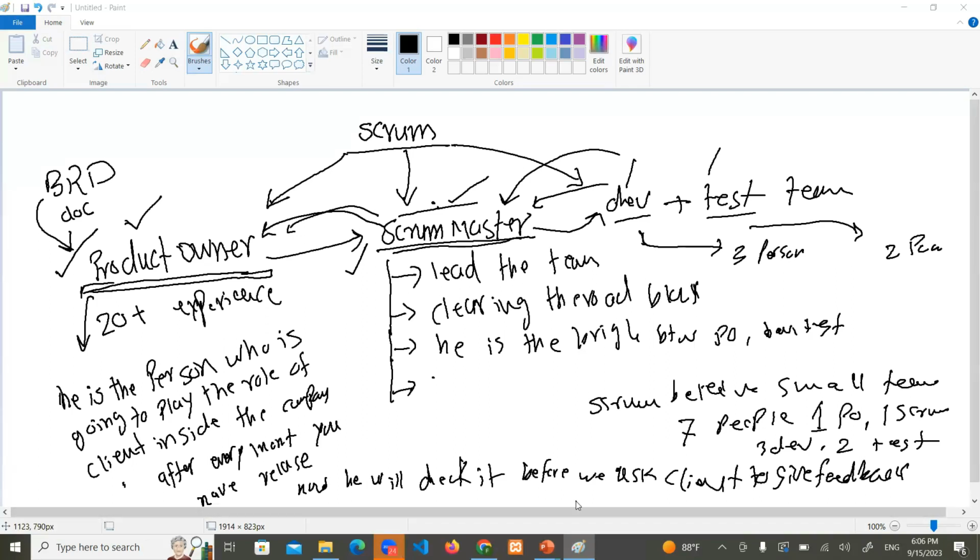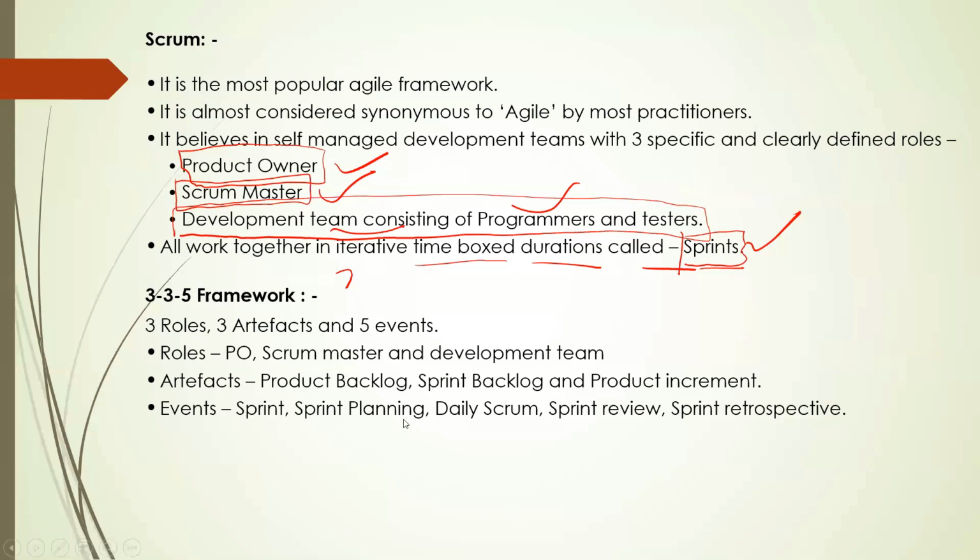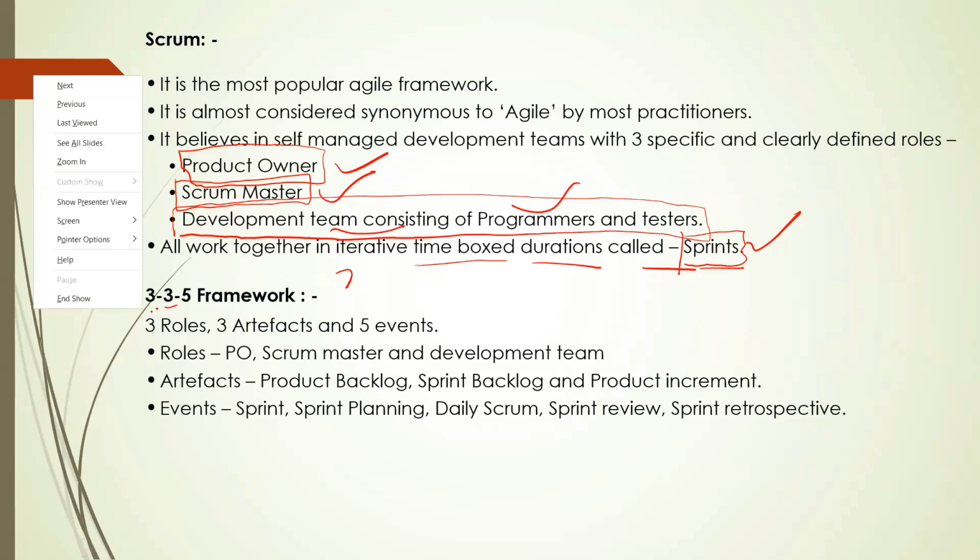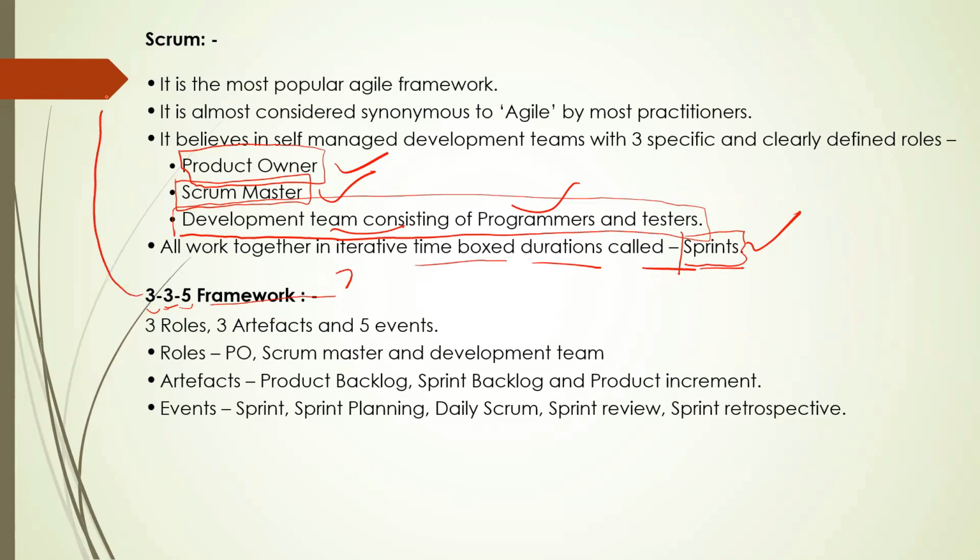Now let's jump back to our slide. Now we have another terminology, which is called the 3-3-5 framework. What does 3-3-5 framework mean? It totally depends on Scrum. An alternative name for Scrum, specifically, we can say, is the 3-3-5 framework.